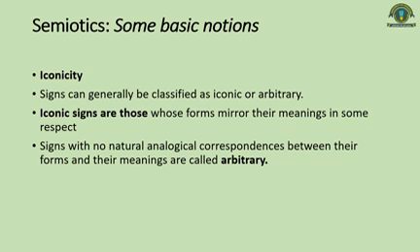Iconic signs are those whose forms mirror their meaning in some respect. And signs with no natural analogical correspondence between their forms and meanings are called arbitrary. It means there is no natural connection or association between the sign and meaning in arbitrary signs.